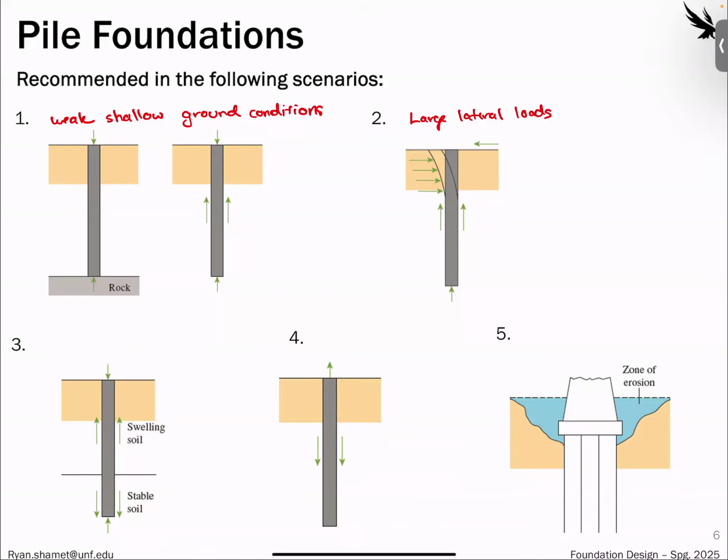If we were talking about something that has large lateral loads, like an overhead sign or a wind turbine, something very tall and slender, you want to lower that center of gravity so that it has less of a tipping moment. So piles can have a pretty significant lateral load resistance.